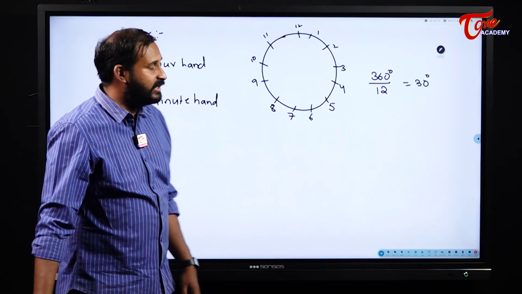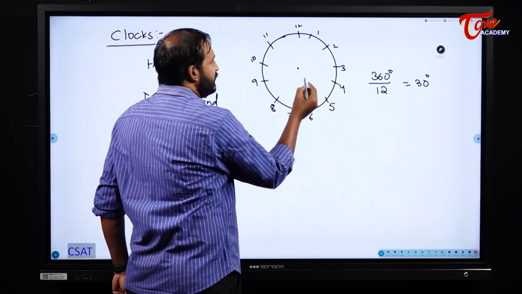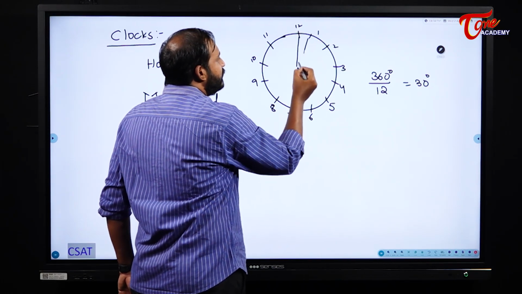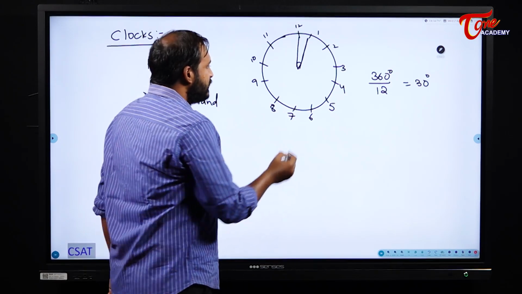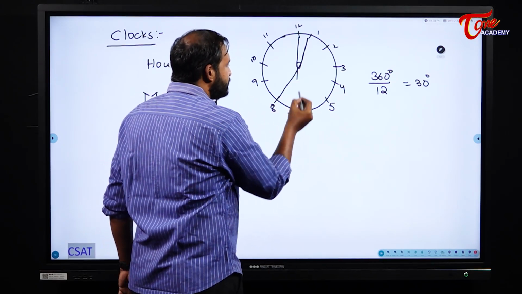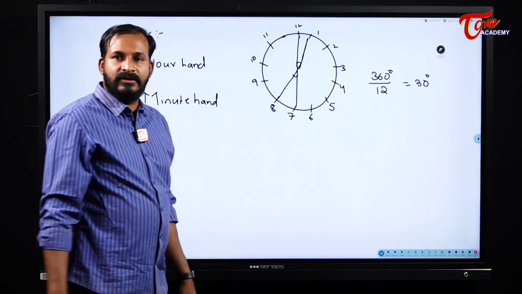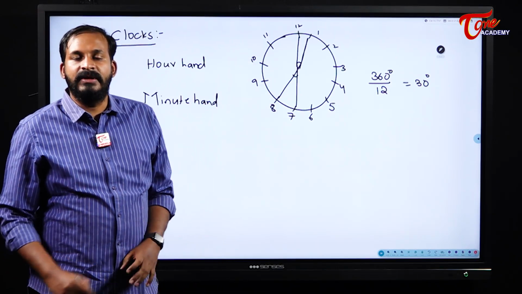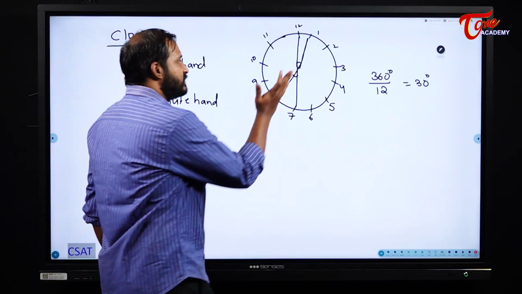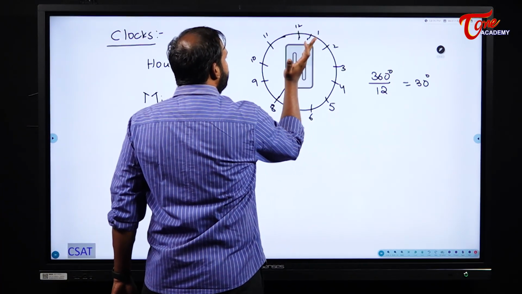What does this 30 degrees mean? From the center, if I observe the angle between these two positions, the angle becomes 30 degrees. Similarly, the angle between 8 and 7 is 30 degrees. Like this, the angle between any two adjacent positions will be 30 degrees. Understood? Next.